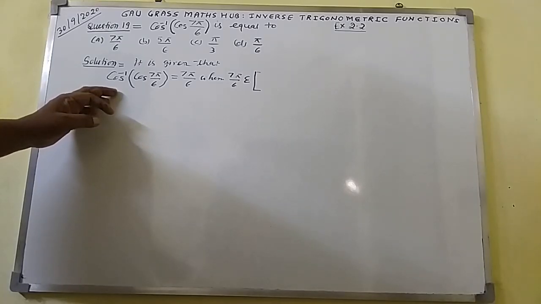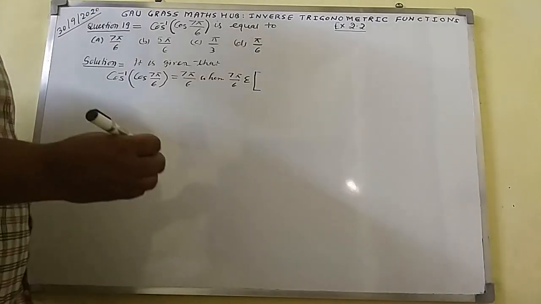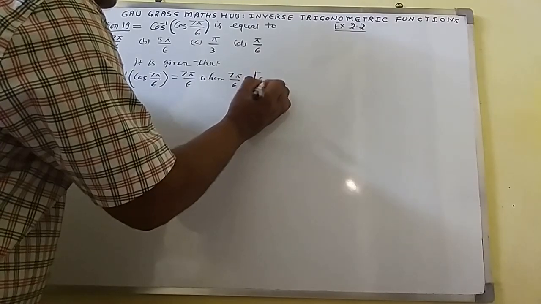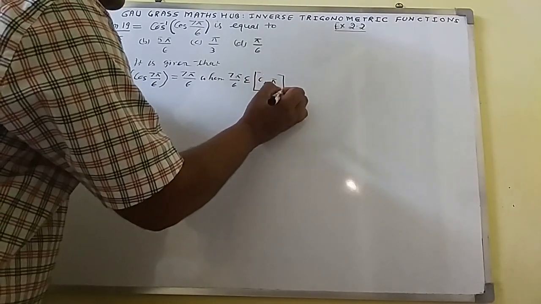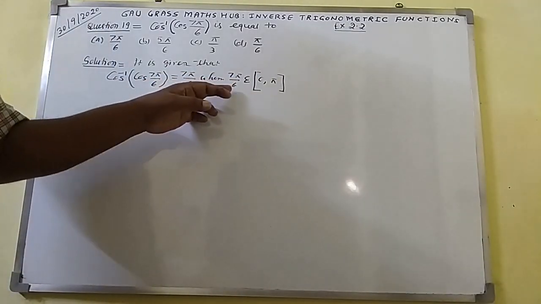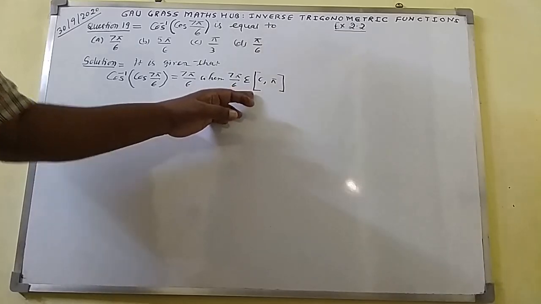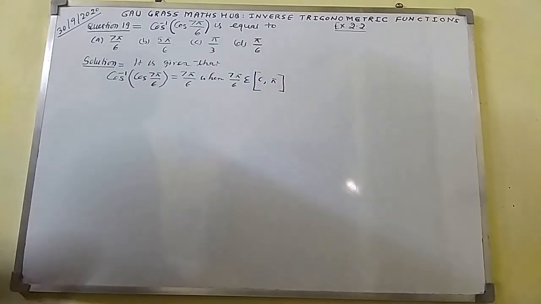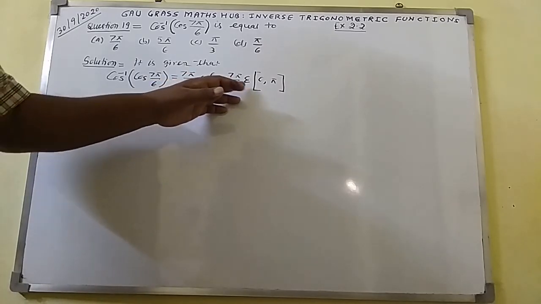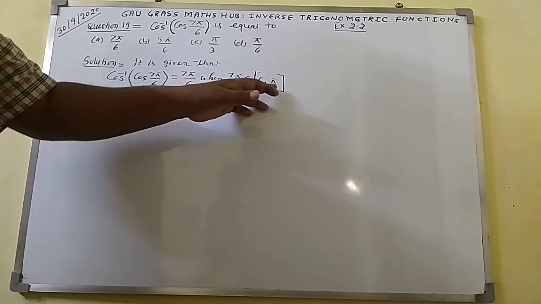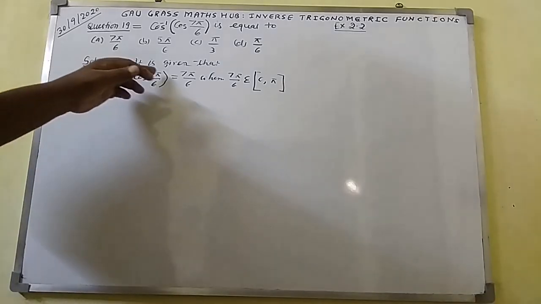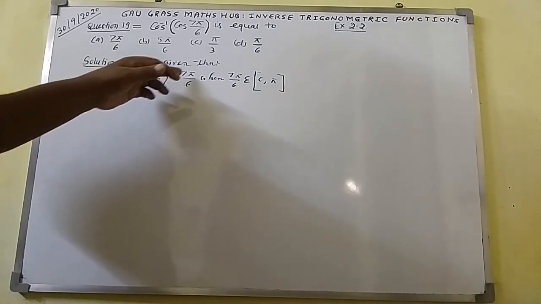The range of cos inverse is the closed interval 0 to pi. So you have to determine whether 7 pi over 6 belongs to the closed interval 0 to pi. If 7 pi over 6 belongs to the closed interval 0 to pi, then cos inverse cos 7 pi over 6 will be equal to 7 pi by 6.